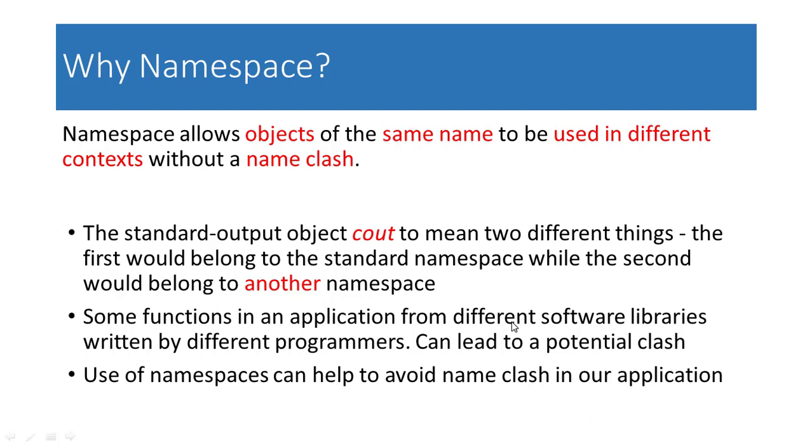Even if you are developing a very small application, you may want to use libraries written by other developers. This approach could expose you to name clash. The use of namespace can help to avoid name clash in your application or software.